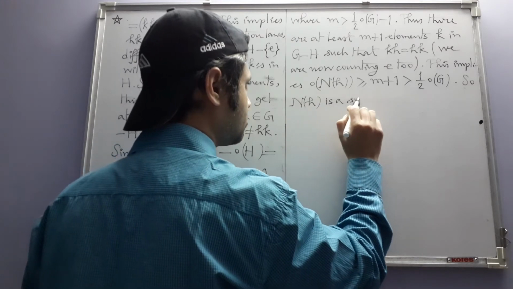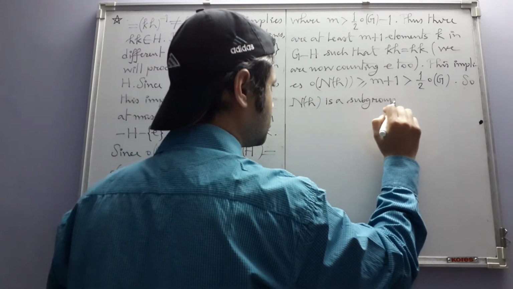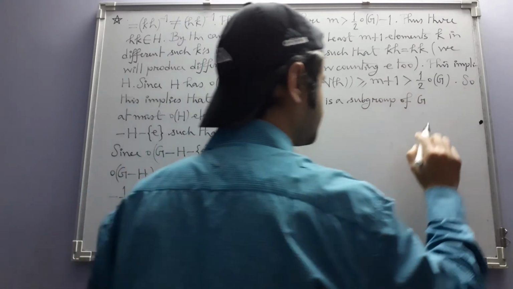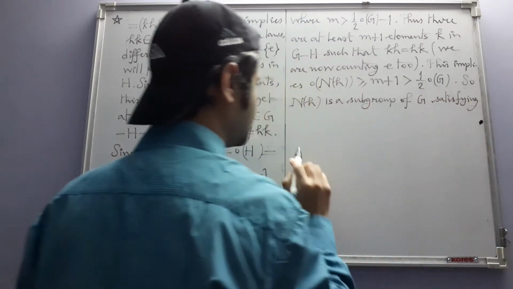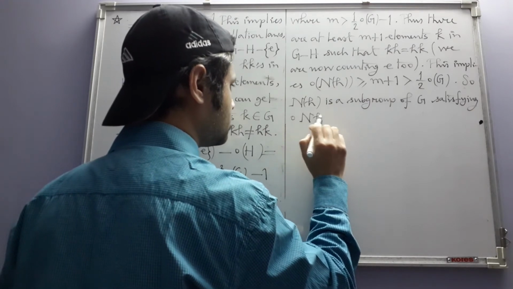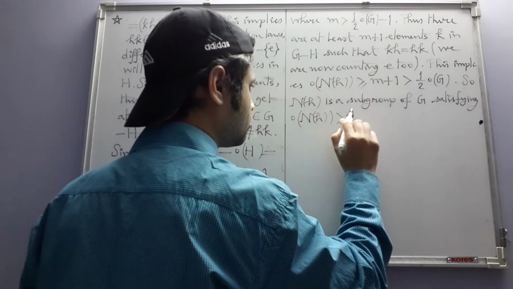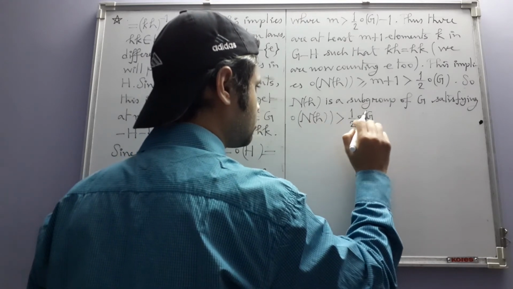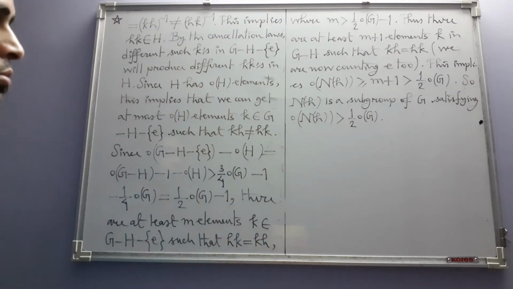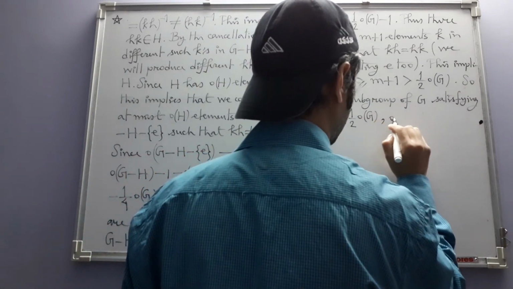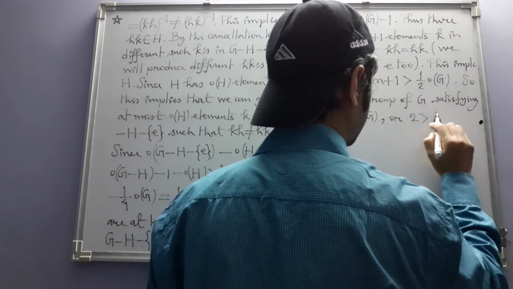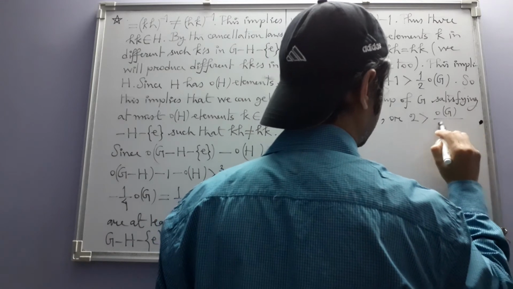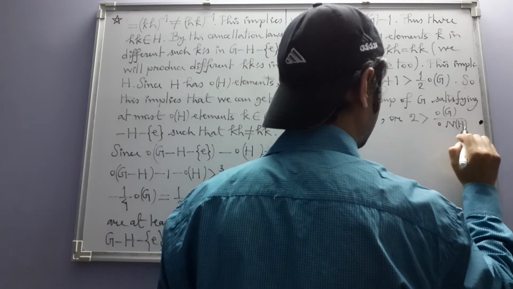is a subgroup of G satisfying this. Or 2 is greater than order of G divided by order of N(h).